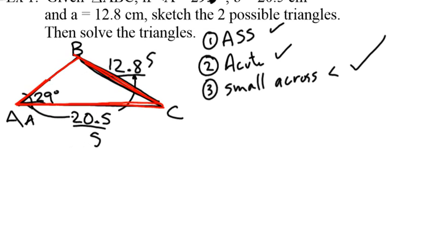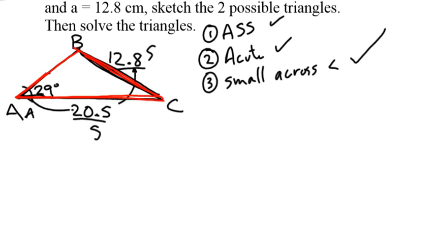Now the trick is it says sketch the next triangle. Now this honestly can be tricky. Here's how I always approach it. Angle A, 29, can't change. I need these three pieces of information to still be there. So what's nice is I still have 29 degrees for A.